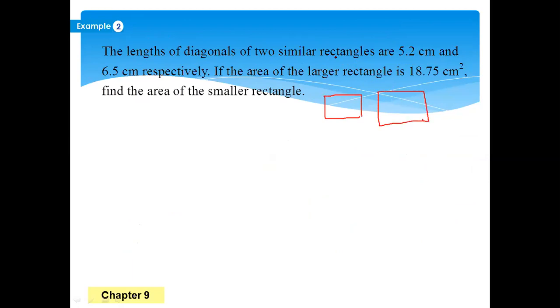They are similar. Diagonals means a line joining up the opposite vertices. So the diagonal of the small and the large.